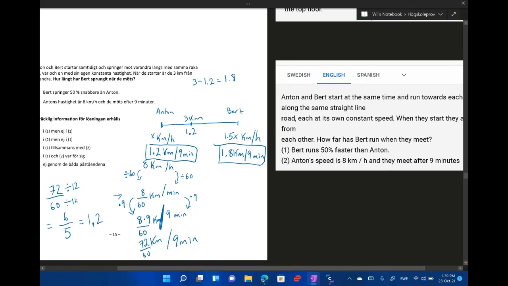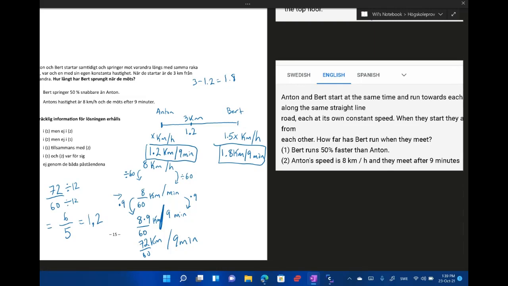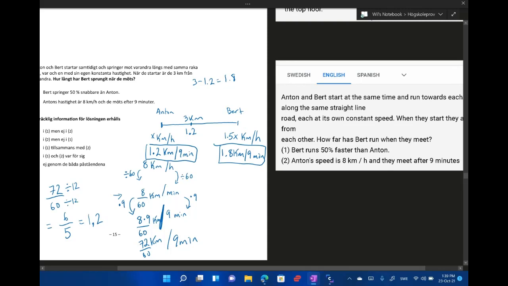And if you look at 1.2 and 1.8, 1.8 is 50% larger than 1.2 because if we found what's 50% of 1.2, that's the same as dividing 1.2 by 2. We know that 1.2 divided by 2 is 0.6.